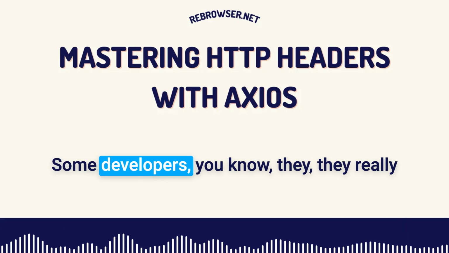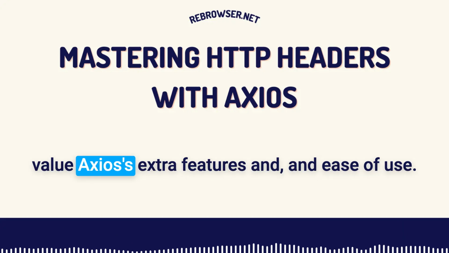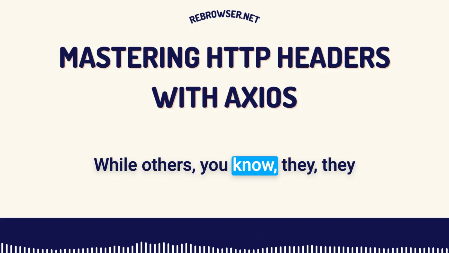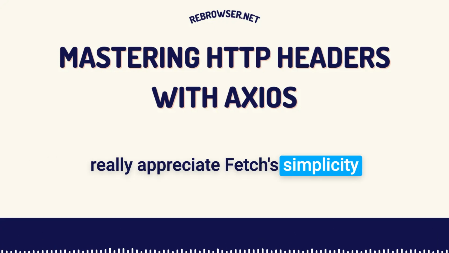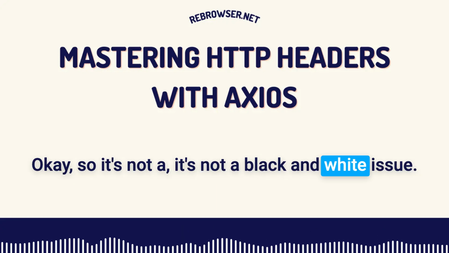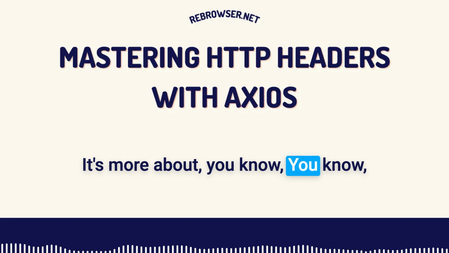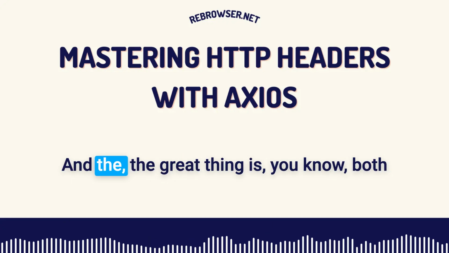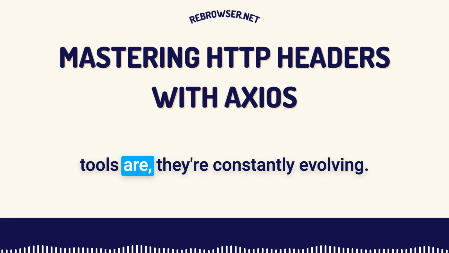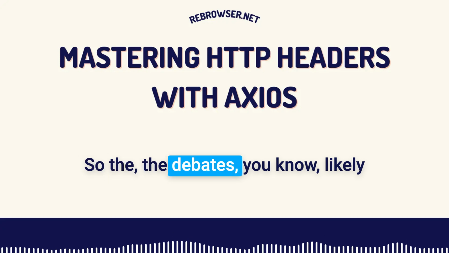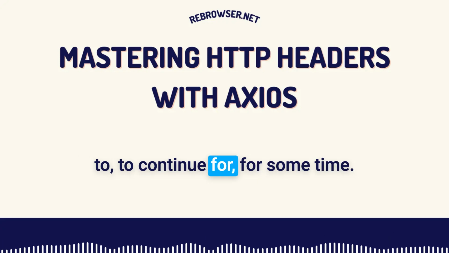Some developers really value Axios's extra features and ease of use, while others really appreciate Fetch's simplicity and those performance benefits. So it's not a black and white issue. Right. It's more about choosing the right tool for the job. Exactly. And the great thing is, both tools are constantly evolving and improving, so the debate is likely to continue for some time.